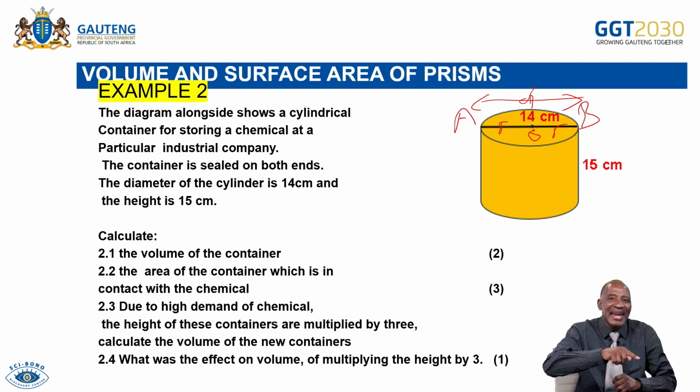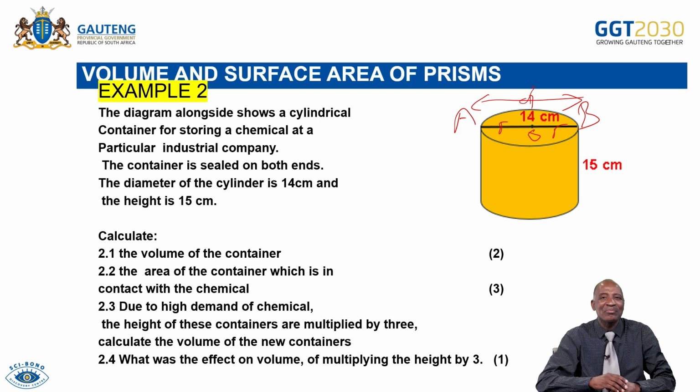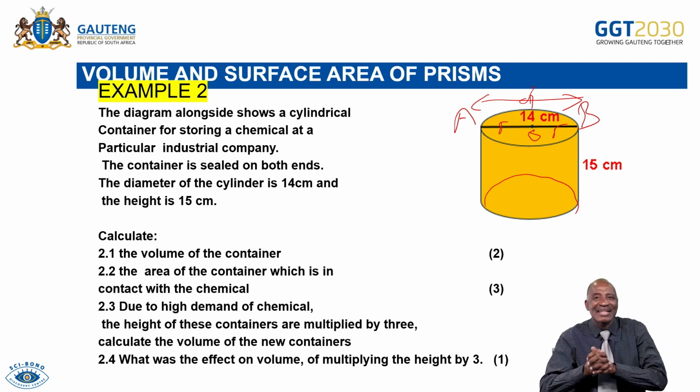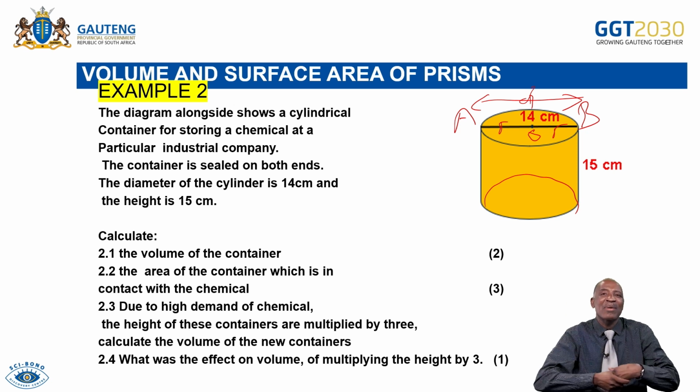Yes, you look at the base of your prism. If it's a circular based prism, think of what formula you can use for that base, what regular 2D shape you know it is. If it's a circle, how to find the area of a circle? Then just multiply that by the height. You'll know your formula. Or simply substitute and get the volume. Let's proceed.